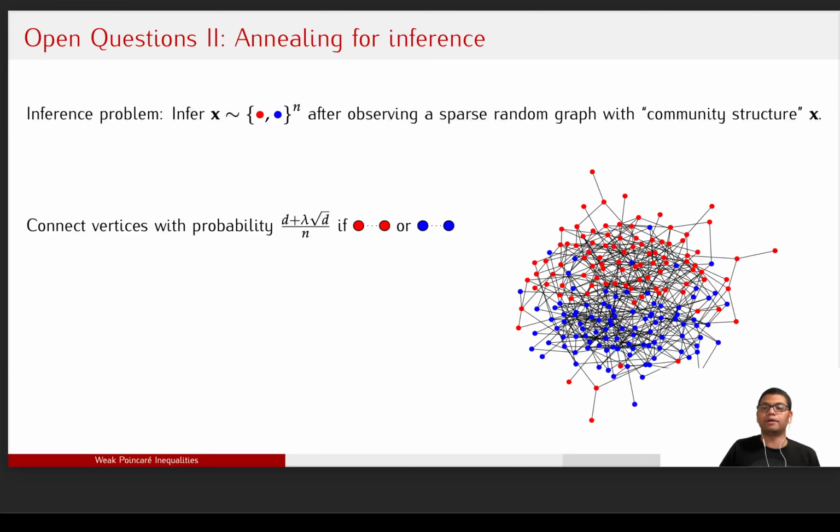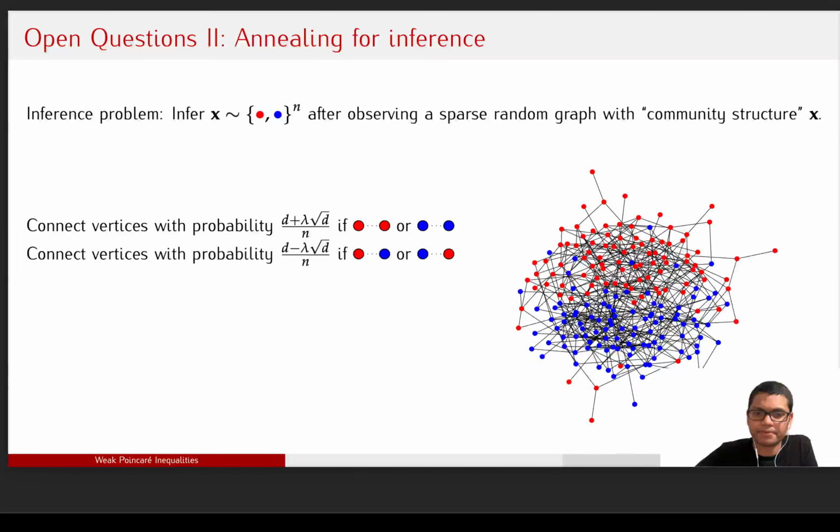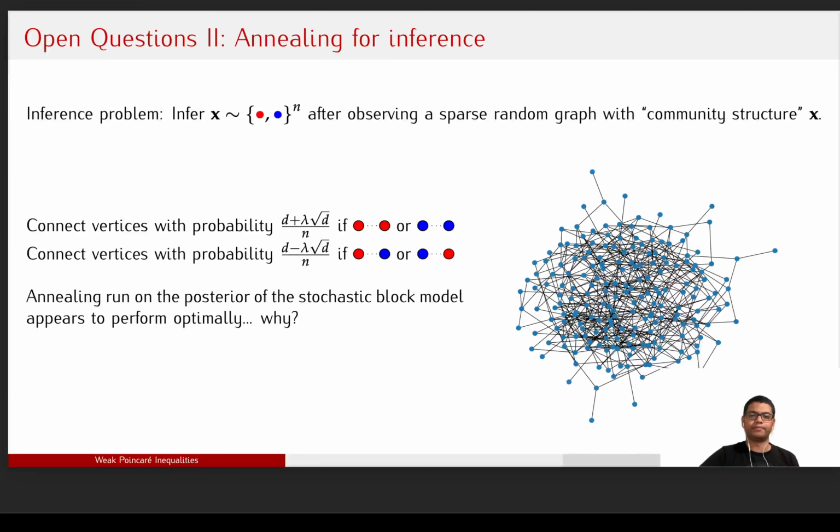And then between a pair of vertices that have the same color, you put down an edge with slightly higher than average probability. And for pairs of vertices that have opposite colors, you put down an edge with slightly lower than average probability. And now I conceal the colors and give you the graph, and your goal is to infer the hidden coloring. It seems like if you run the simulated annealing algorithm to sample from the posterior of this particular model, then it appears to perform optimally, though we currently lack theoretical explanations for why.